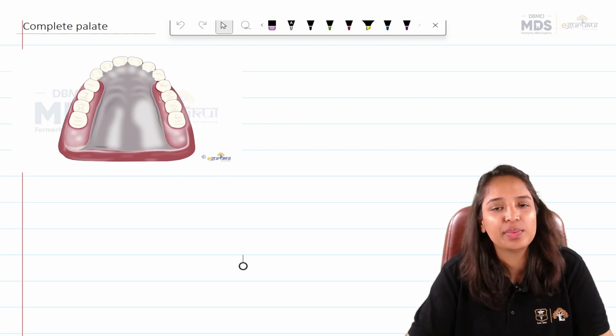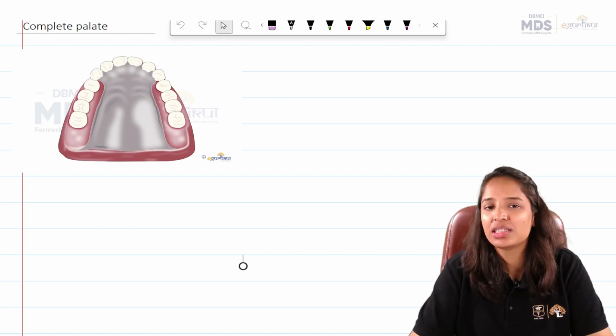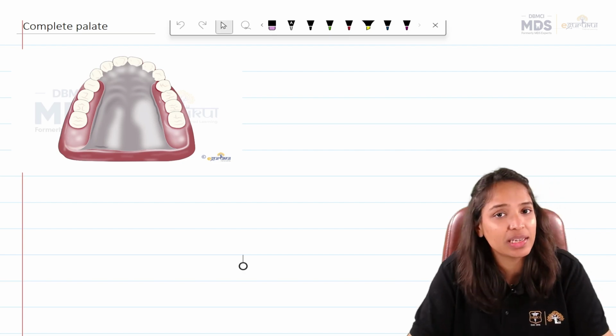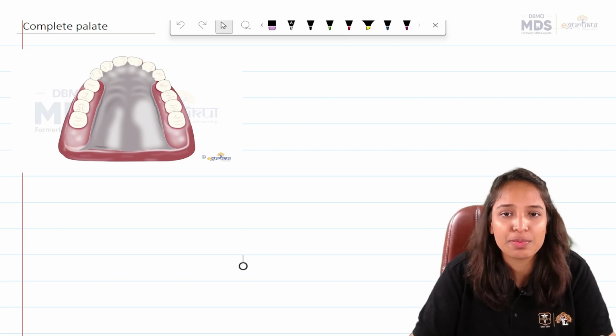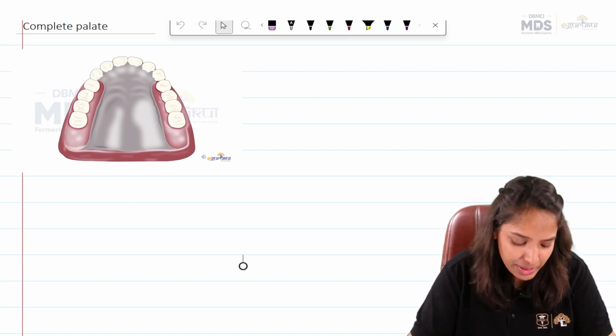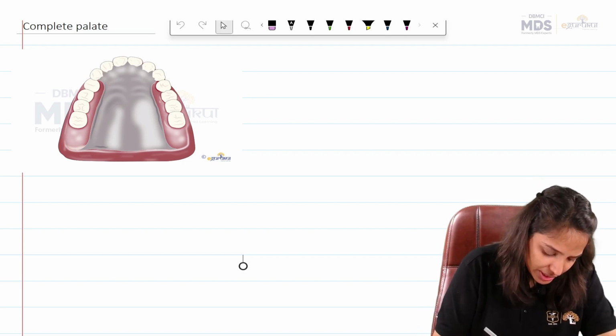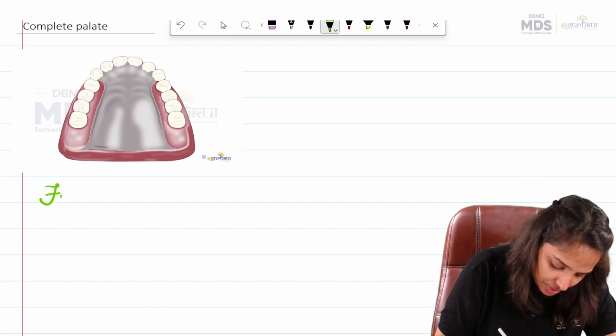Now let us begin with the discussion of the last of your maxillary major connectors. This is called the complete palate, also known as the palatal plate type maxillary major connector. Now a palatal plate type maxillary major connector is a full palate connector.